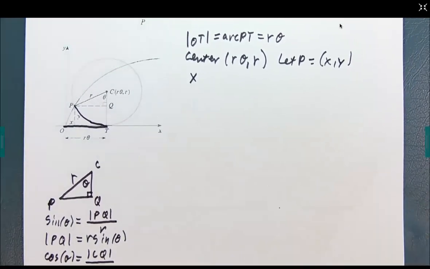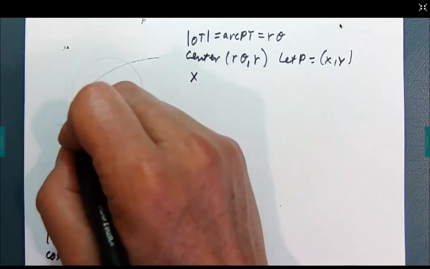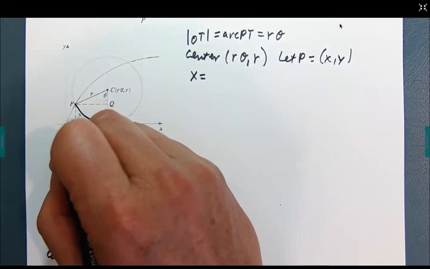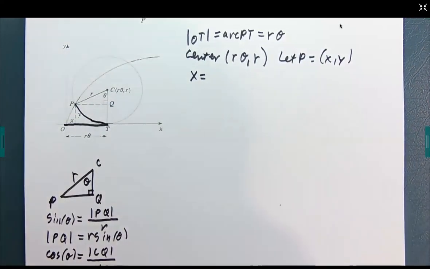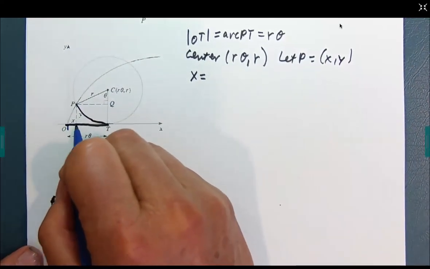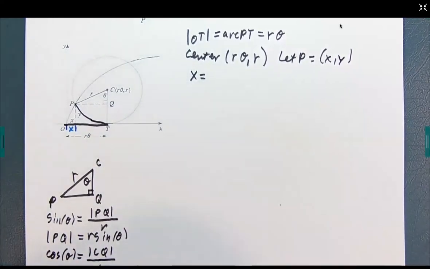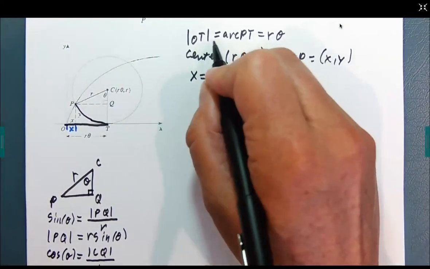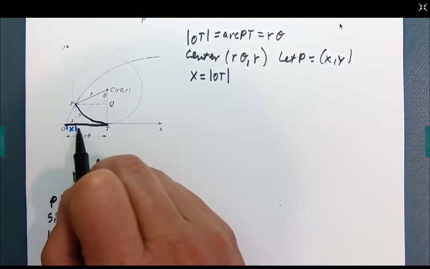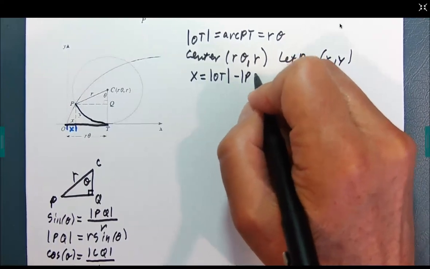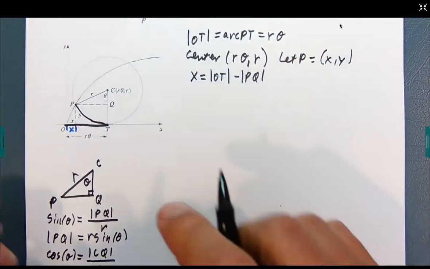All right. So next up, our x coordinate. So that's the x coordinate for the point P right here. Is this distance down here? It's just a short little distance here. From there to there, that's x. X is going to be OT, which we defined up here, so OT minus PQ. Right, here's PQ.